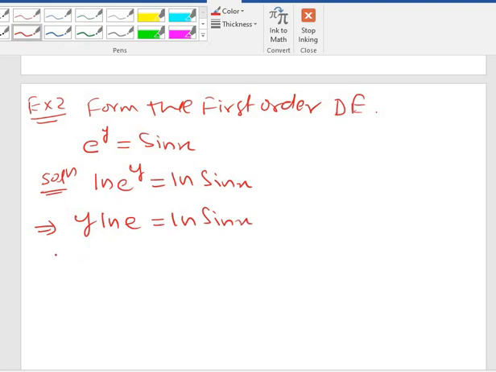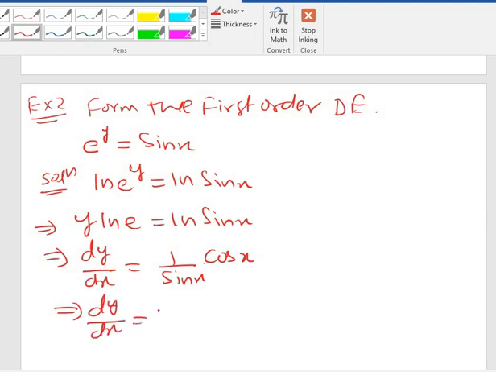Because ln of e is 1, the derivative of y is dy/dx, which is equal to 1 divided by sine x times the derivative of sine x, which is cosine x. So the first order differential equation is dy/dx equal to cosine divided by sine, I mean cotangent x. This is the answer of question number 2, which is available in worksheet number 1.